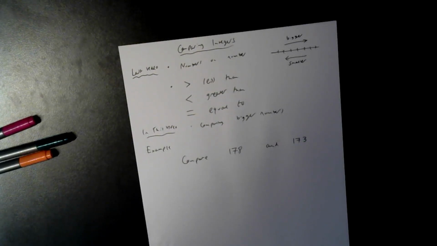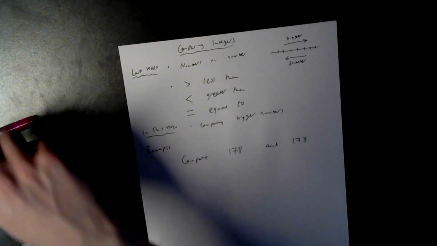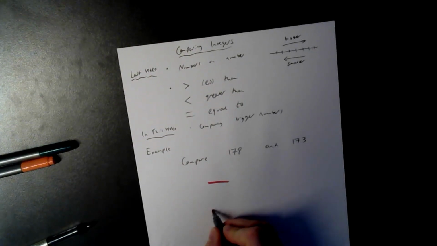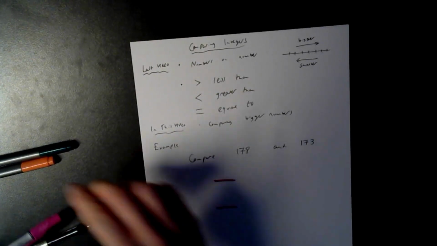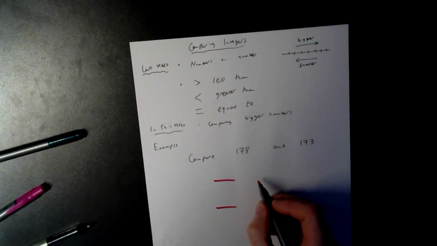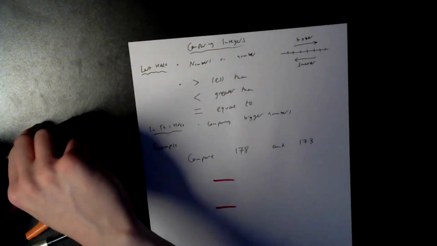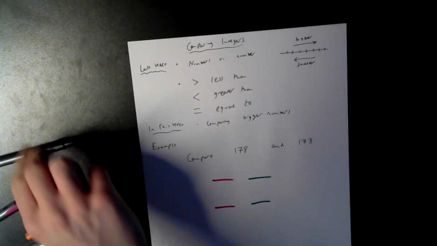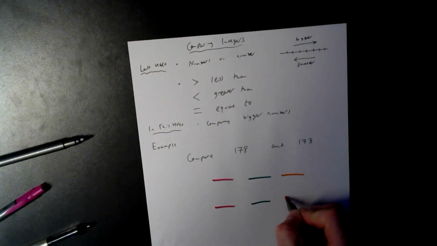If we think back to our place value videos, what do these numbers really mean? Well, when we did place value, we broke up our numbers into hundreds, tens, and ones.